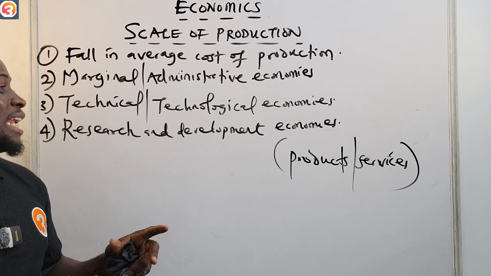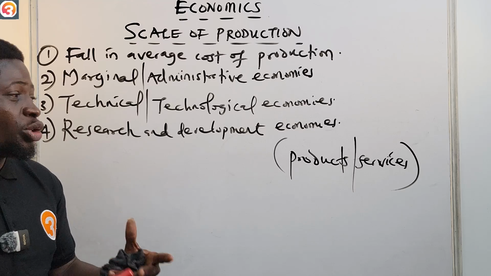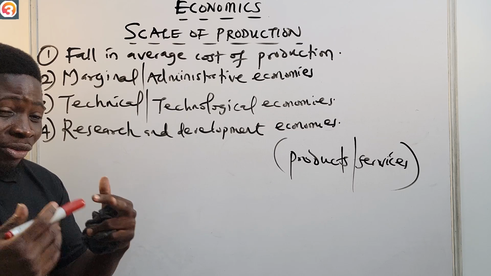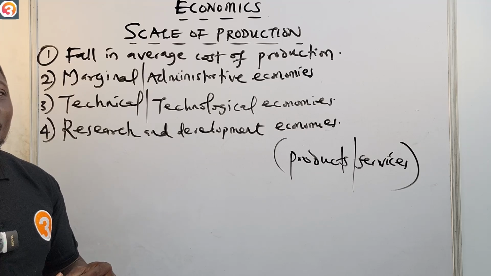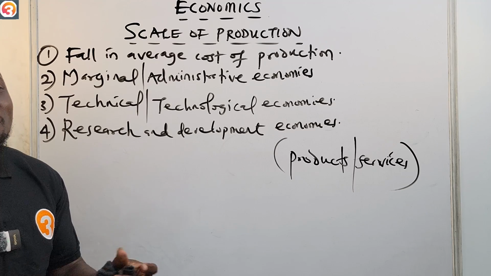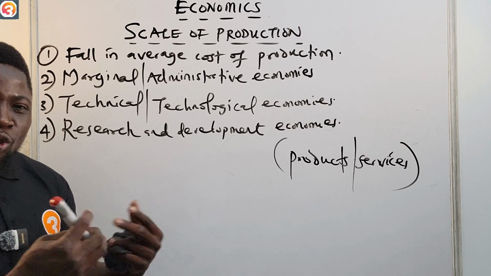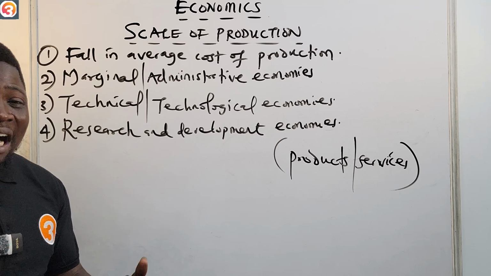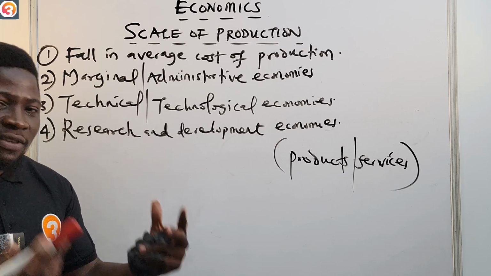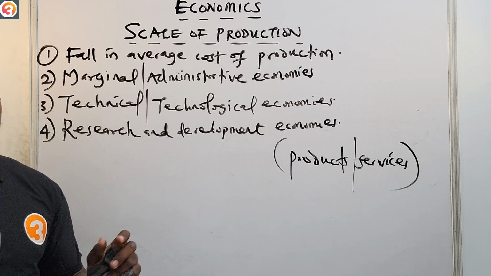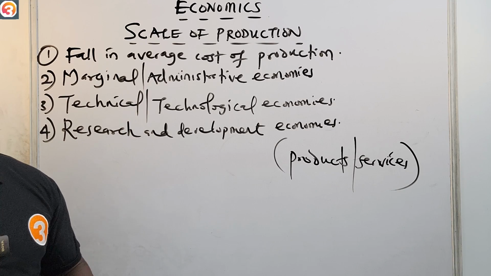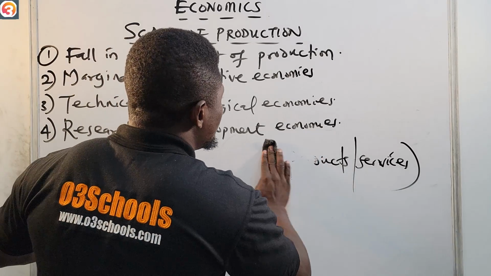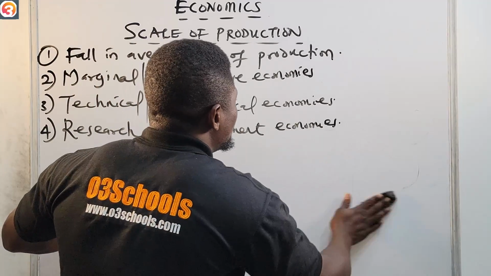That is why they're able to produce a lot of products and services. They have spent a lot on research, and of course they expect that this research will in turn lead to increased efficiency of their staff, and even increased productivity. So this is another important advantage that firms that operate on a large scale enjoy: research and development economies.